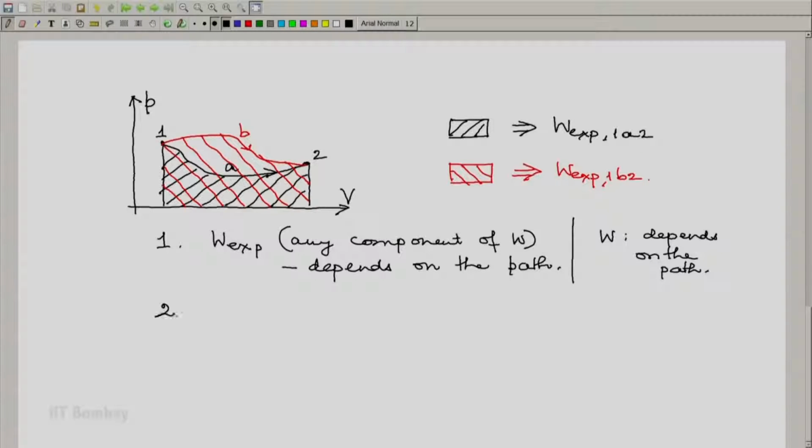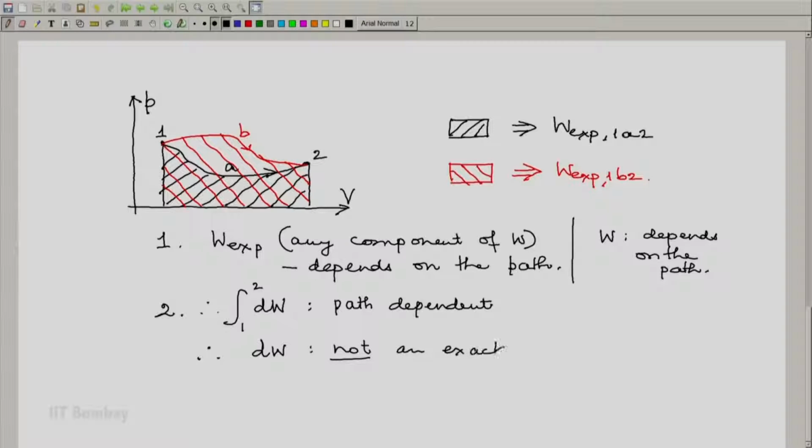And because of this, we say, here we go into calculus, that hence integral dW from 1 to 2 is path dependent, and hence in a mathematical sense dW is not an exact differential.